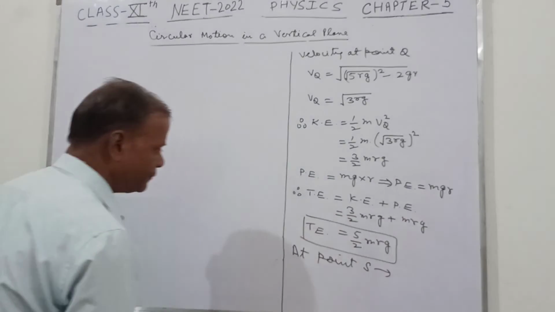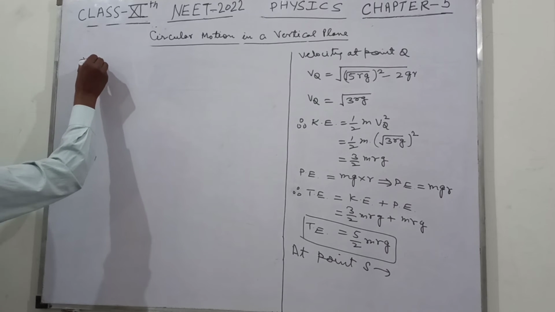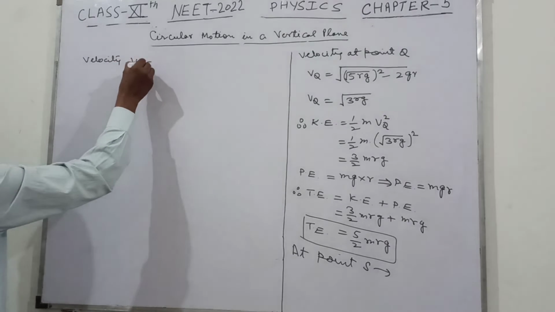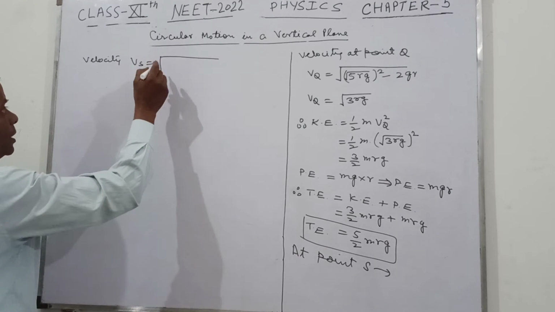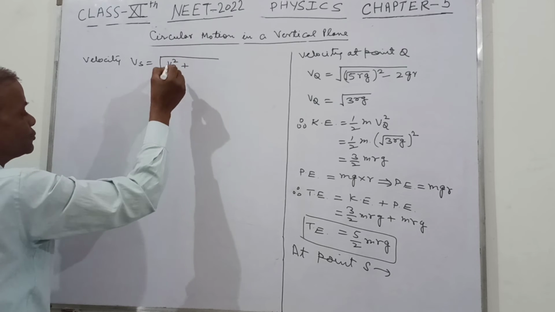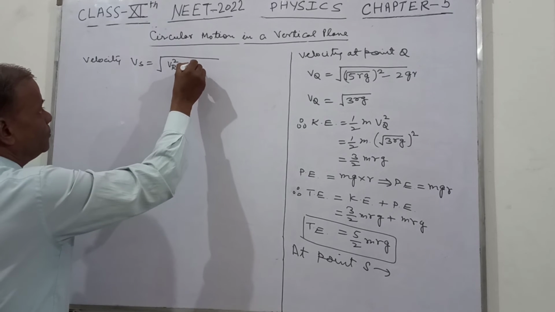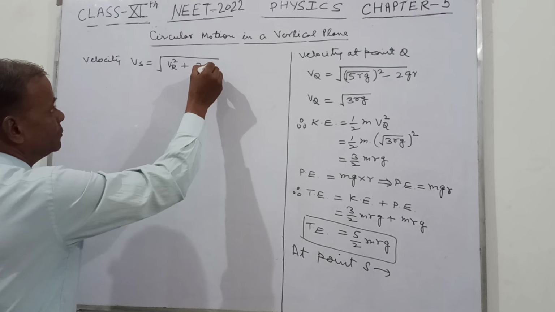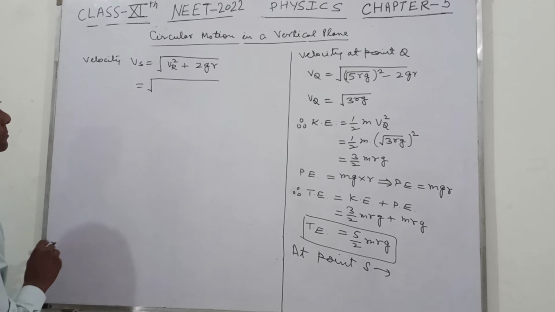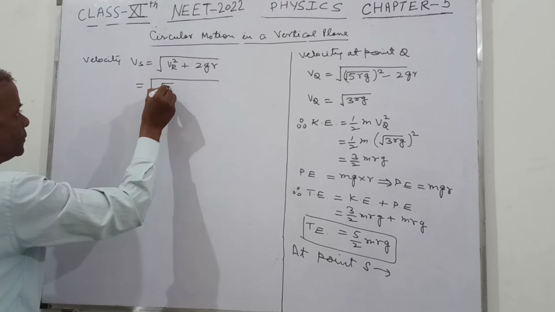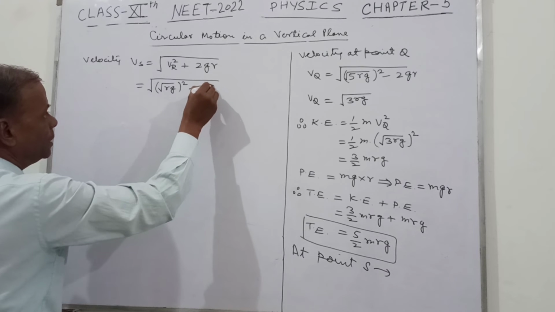at point S, what we have? The velocity v_S is equal to square root of v_R squared plus 2g and now the radius R. So this is equal to square root of Rg, this is so much, plus 2Rg.